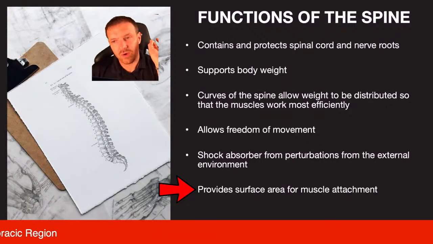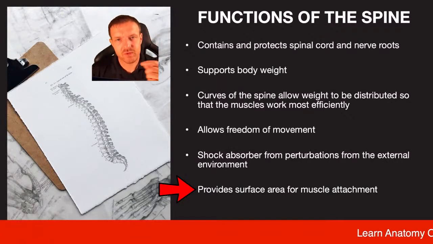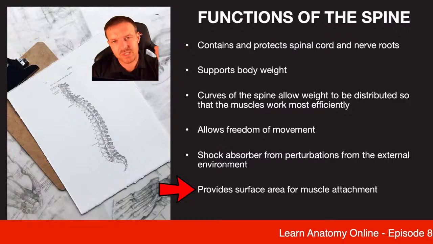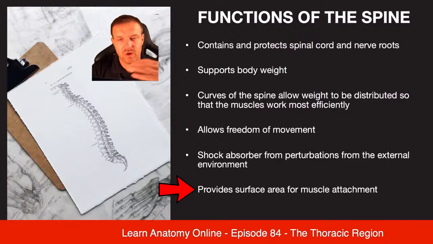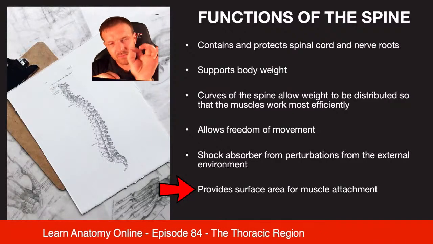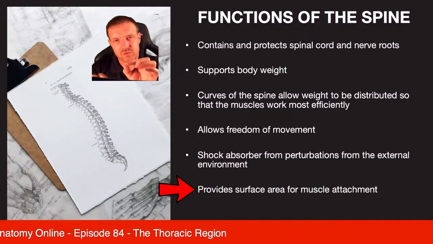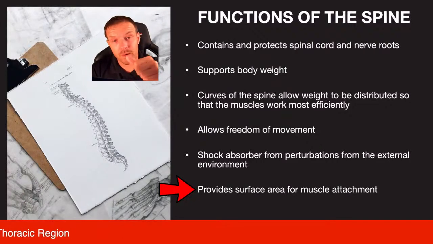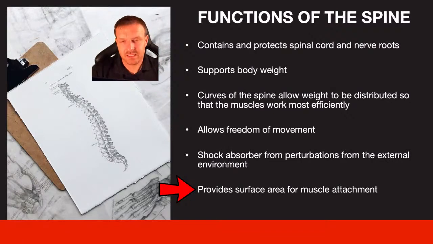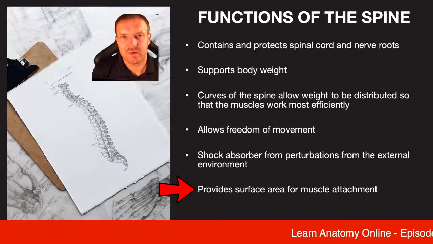So if you have repetitively done a specific movement throughout your life, then the muscles in that region will develop, because they will need to cope with whatever it is you're trying to do. And the bony attachments of those muscles will be different from person to person. So they may be more bumpy on one side compared to the other. Completely normal. Okay, so that's another normal finding as well.